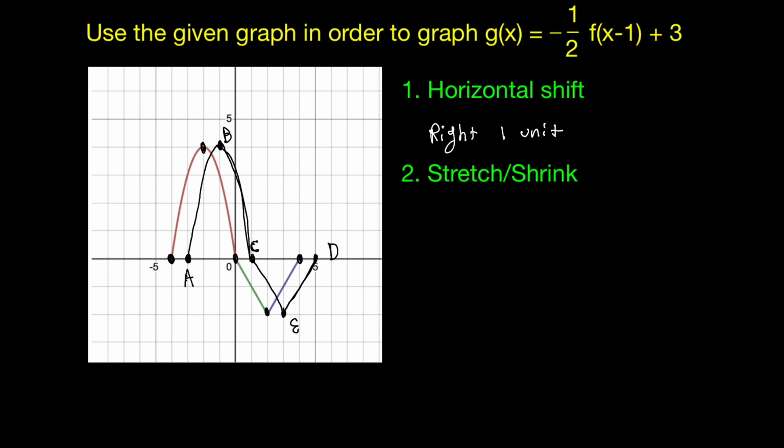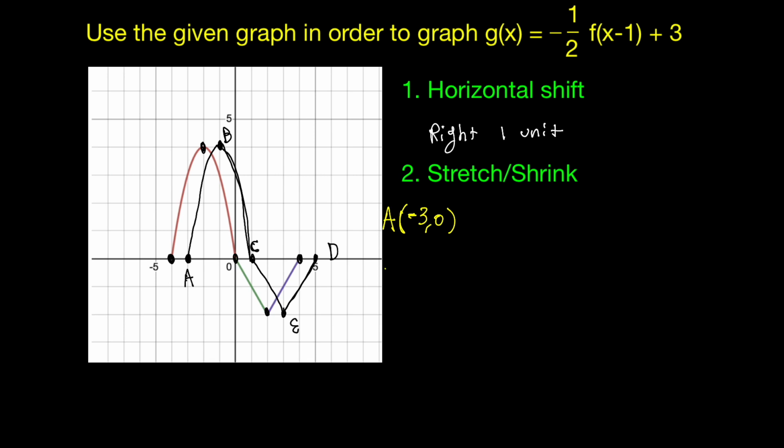The next thing that I have to do is look at the stretch and the shrink, and that's going to depend on my a value. Here I have a negative 1/2. Since I have a negative, I also know that I'm going to begin reflecting this over the x-axis. So I'm actually going to do step 3 as well, which would be the reflection. So again, I'm going to do the stretch, the shrink, and the reflection at the same time. So I'm going to get the coordinates of each one of these points. So here, my a value is at -3, 0.